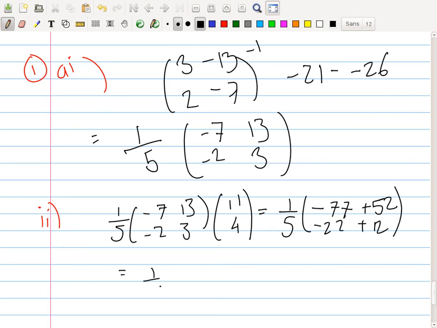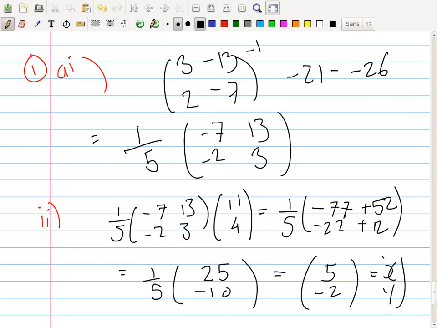So that equals 1 over 5 times negative 25 and negative 10. So the answer is negative 5 and 2. That's the x and the y. 3 marks for that. Another straightforward 3 marks in my opinion.